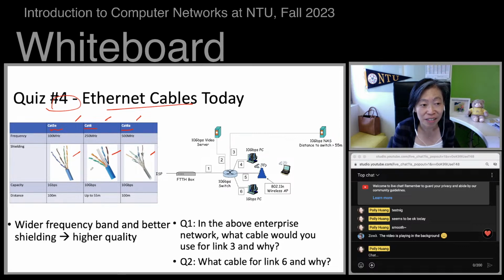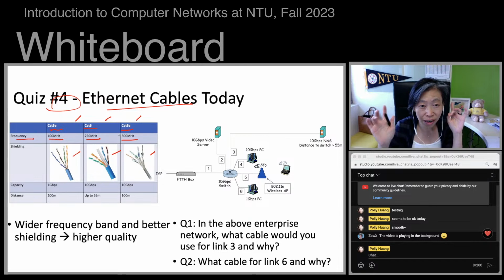Okay, now in these 3 generations of Ethernet cable, you see fundamentally they are different in the frequency band they use to modulate digital bits. So from the older generation, 100 megahertz wide, very narrow then, gradually increased to 250 to 500 megahertz. That usually means a wider bandwidth, you can modulate more bits.